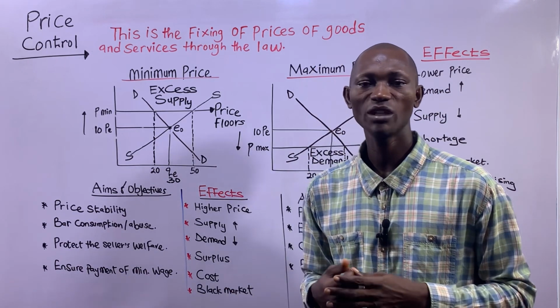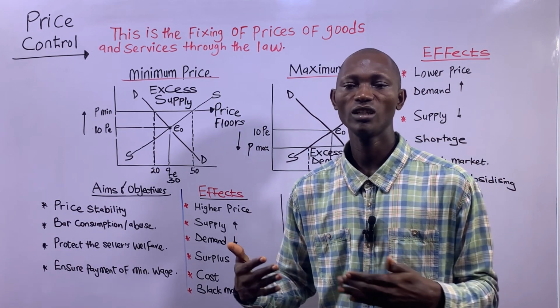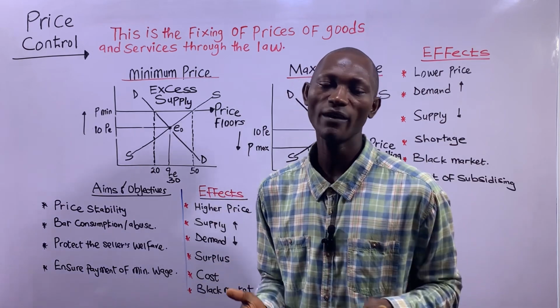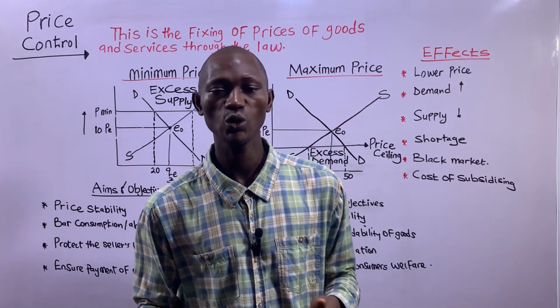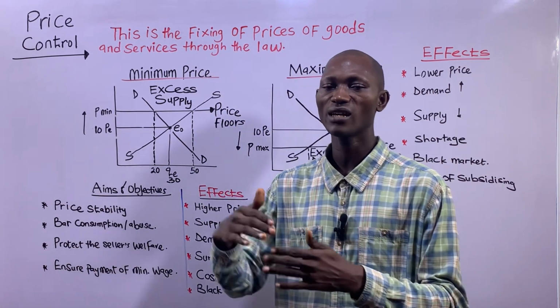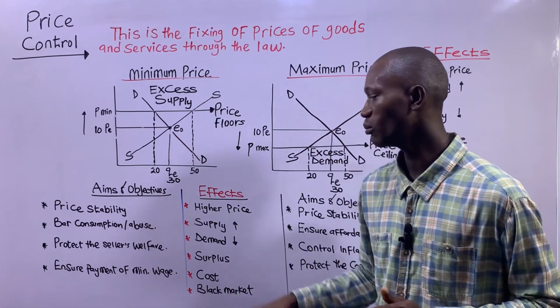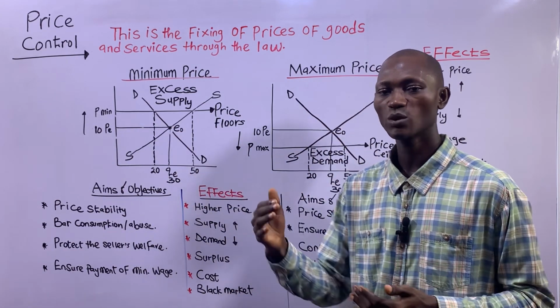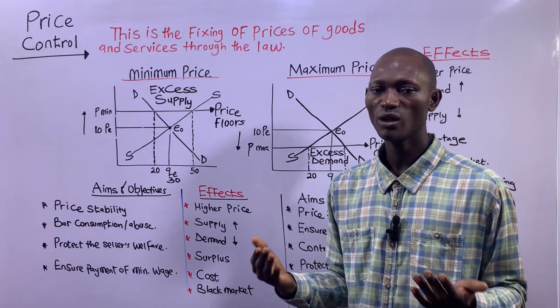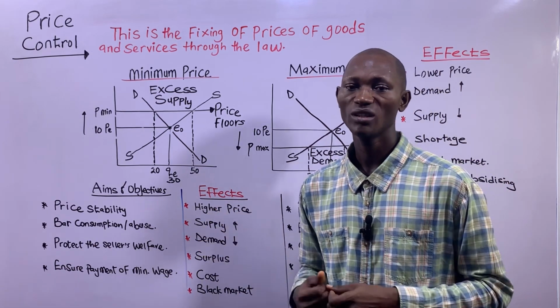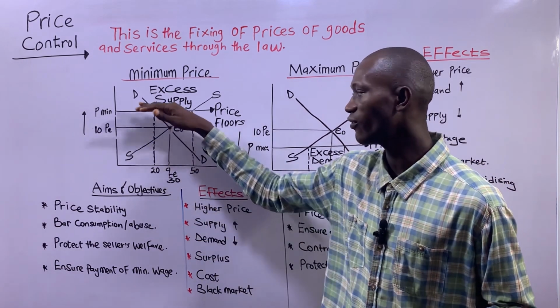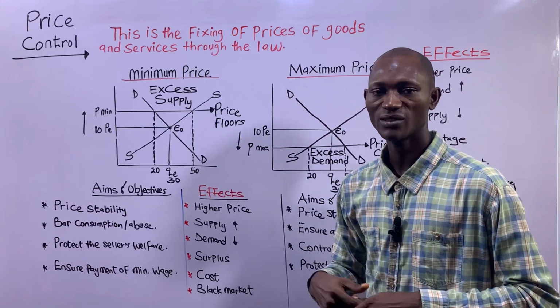And black market simply means the particular markets where goods are sold at illegal prices, be it above or below. But here, the passengers will resort to buying below the equilibrium, because they cannot afford this minimum price legislation.